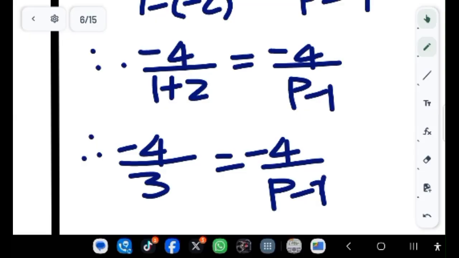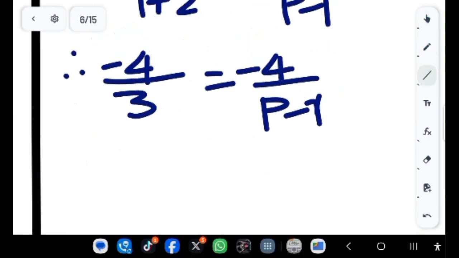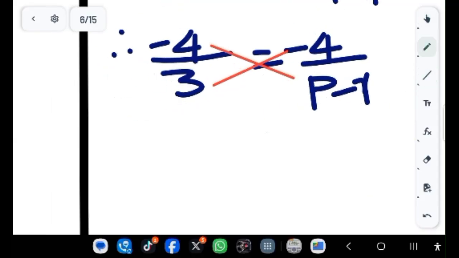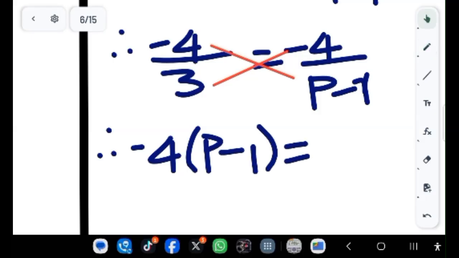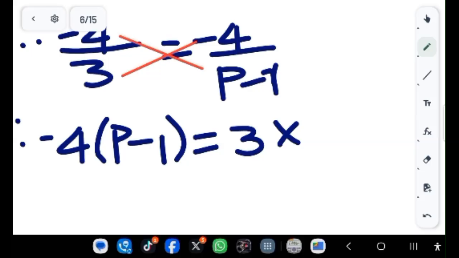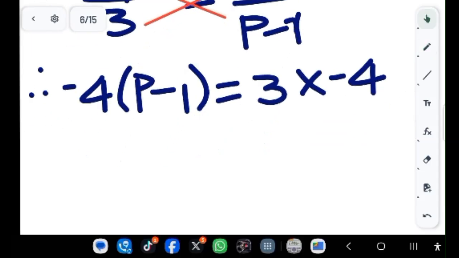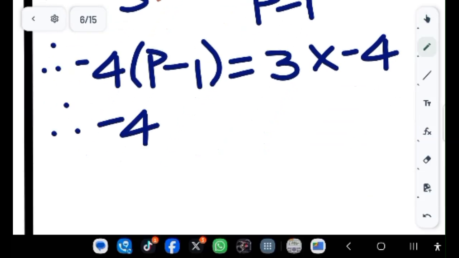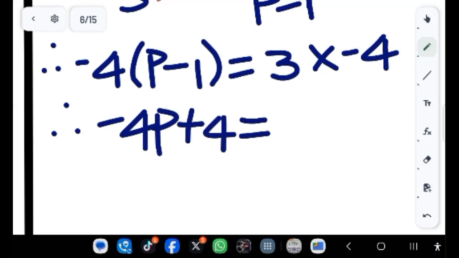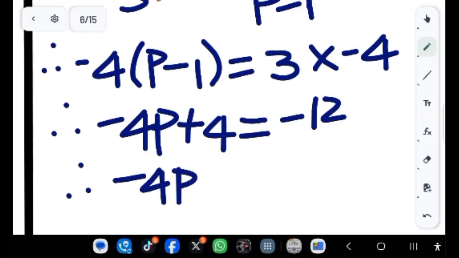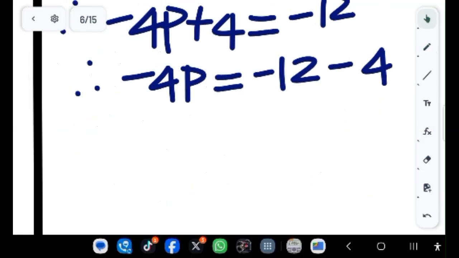Cross multiply. That will be negative 4 times P minus 1 equals 3 times negative 4. Negative 4P plus 4 equals negative 12. Therefore, negative 4P equals negative 12 minus 4, which gives us negative 16.